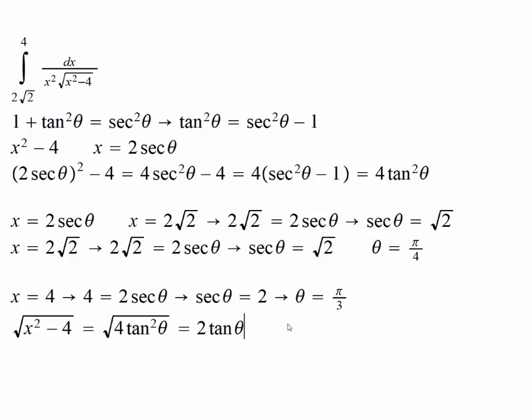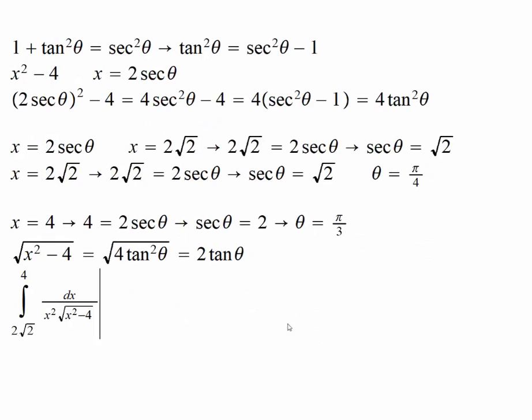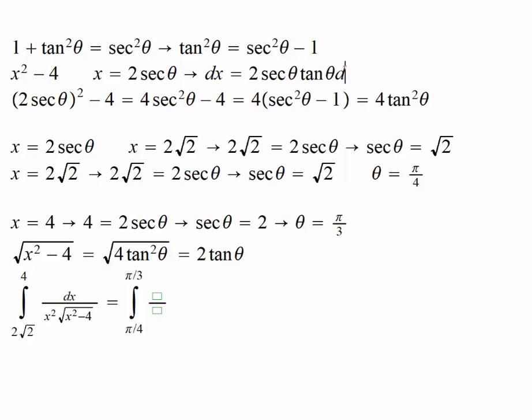Okay. So now with all these substitutions, our integral changes to the integral from pi over 4 to pi over 3. And by the way, if x is 2 secant theta, then dx would be 2 secant theta tangent theta d theta, because the derivative of secant theta is secant theta tangent theta.